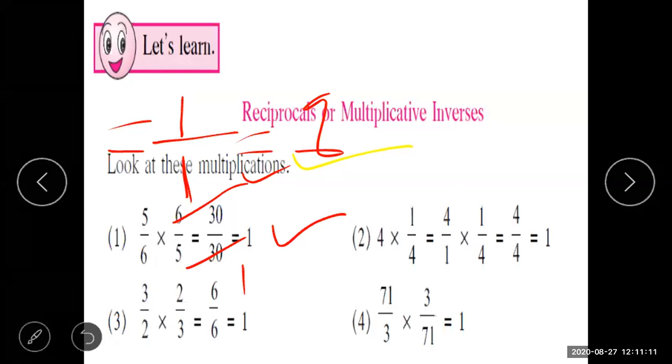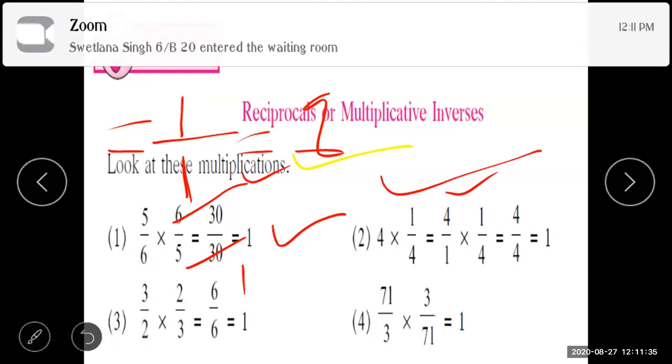Now see the second example: 4 multiplied by 1 upon 4. I told you that when a single number is there, you have to put 1 downward. So we put 4 upon 1. When only 4 is there, you have to write one number downward.